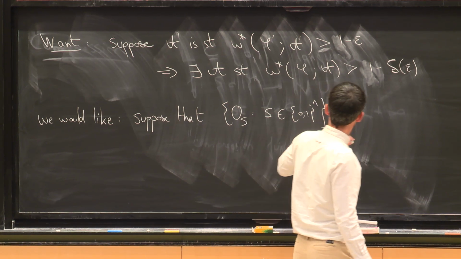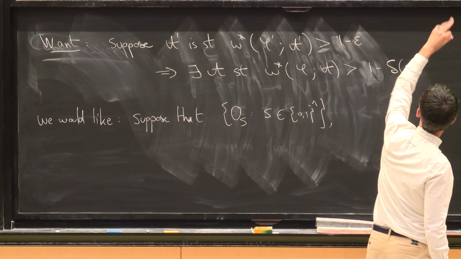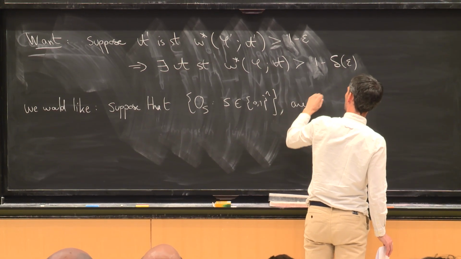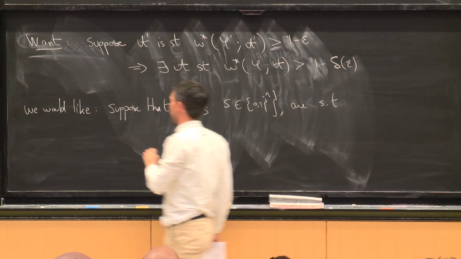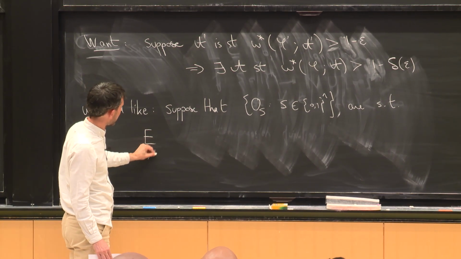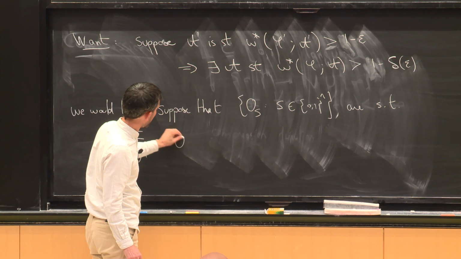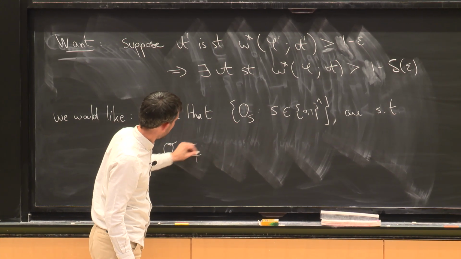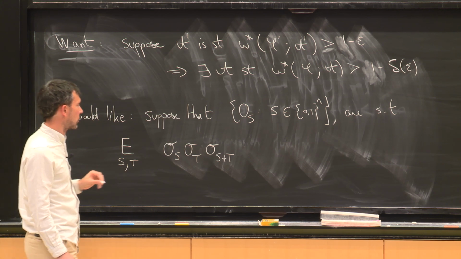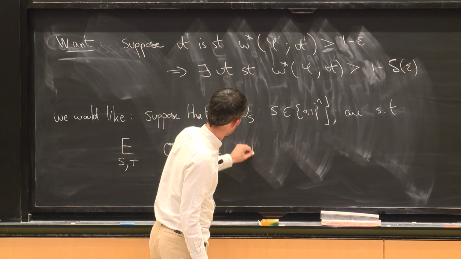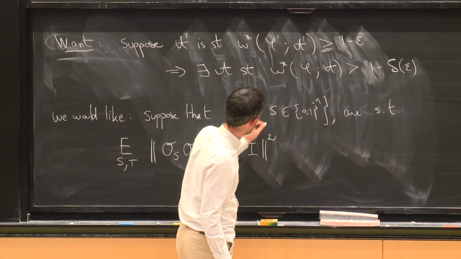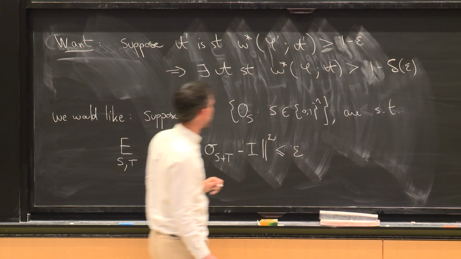It means that these observables will multiply correctly. So suppose that the O_S are such that the following holds. When I take two random subsets S and T, and I look at the product O_S O_T O_{S+T}, this is close to the identity. I will need to measure this using a certain norm, and I will tell you what the norm is in a second.